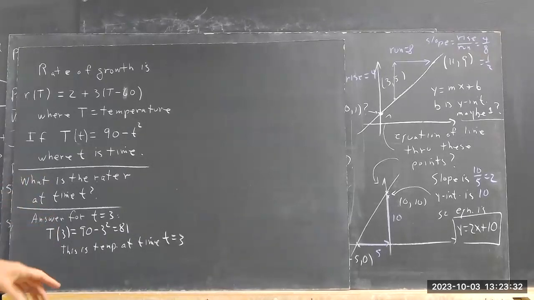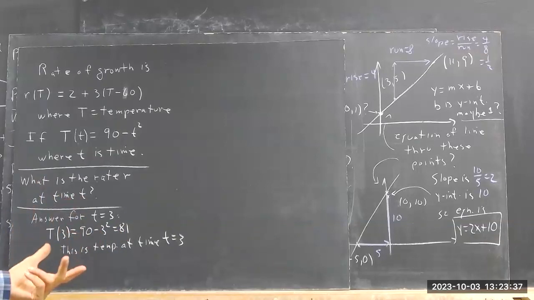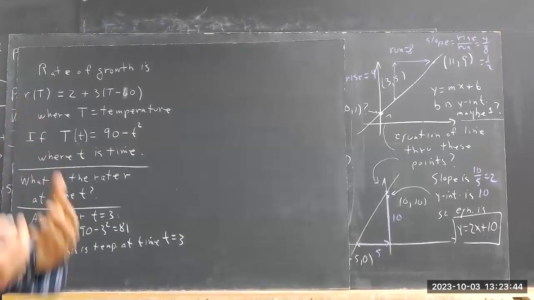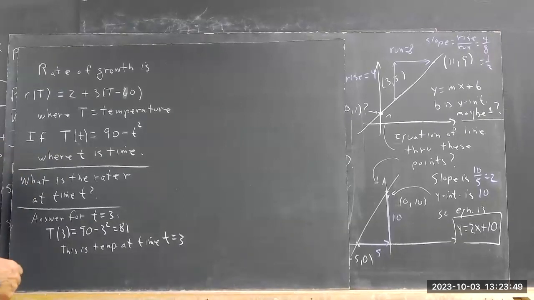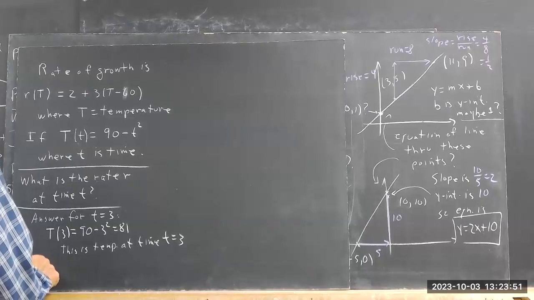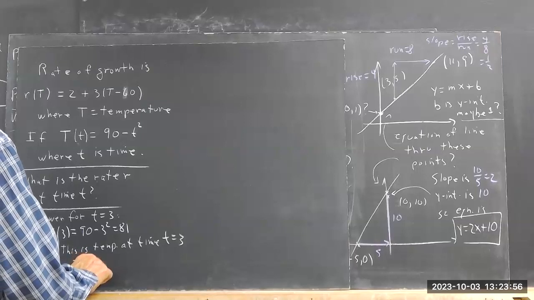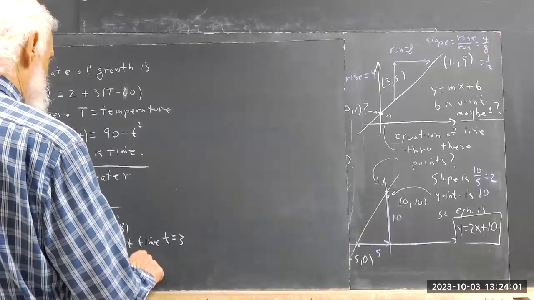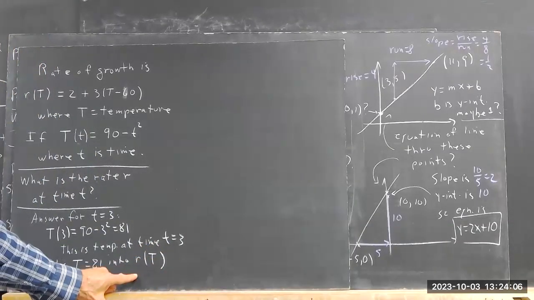And at least a few people were wanting to divide both sides here by 3. Okay. You can't divide T of 3 by 3. T of 3 means the function T evaluated at time 3. Okay, so we plug T equals 81 into R of T.